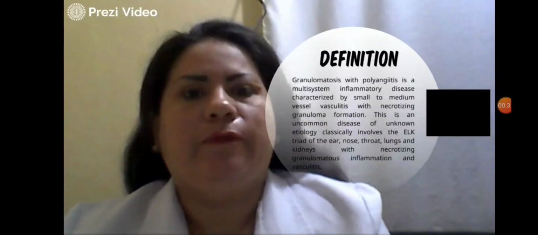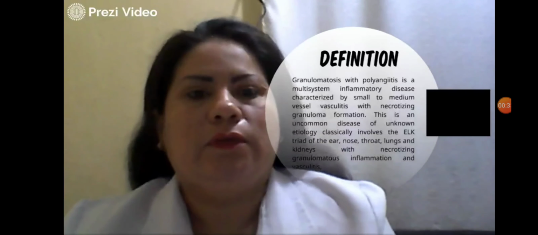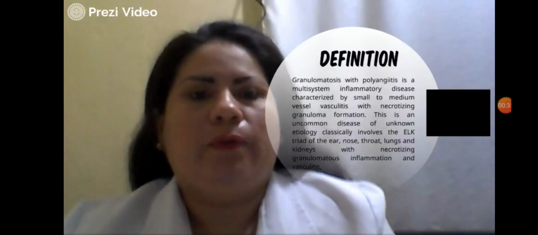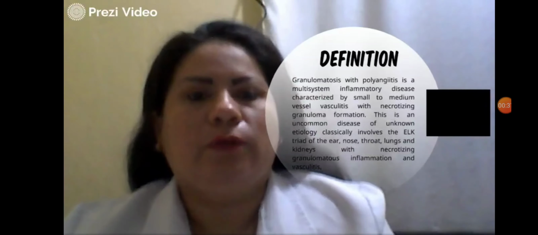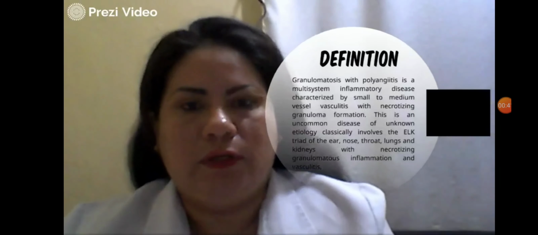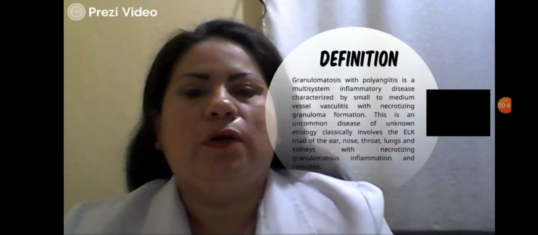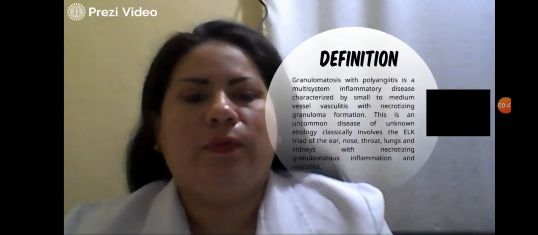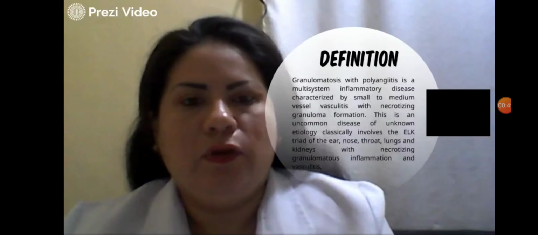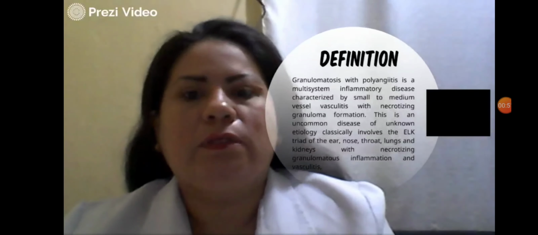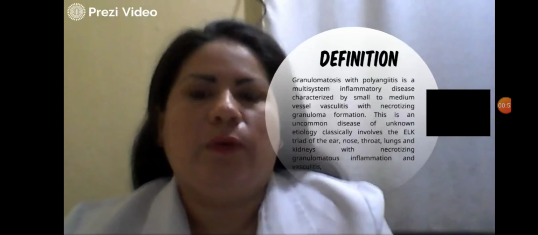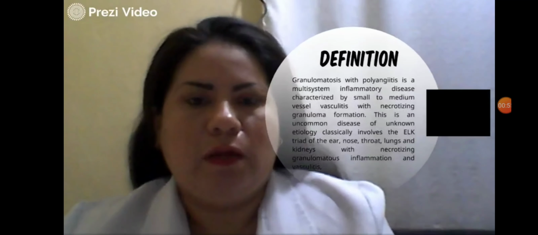What is a nasal deformity in granulomatosis with polyangiitis? Definition. Granulomatosis with polyangiitis is a multisystem inflammatory disease characterized by small to medium vessel vasculitis with necrotizing granuloma formation. This is a rare disease of unknown etiology.